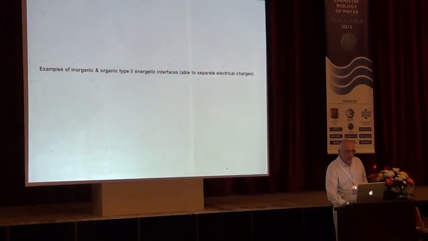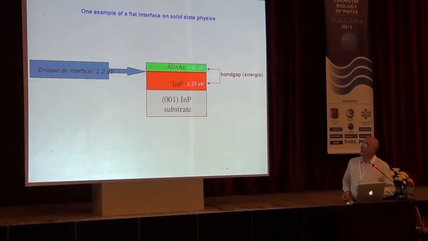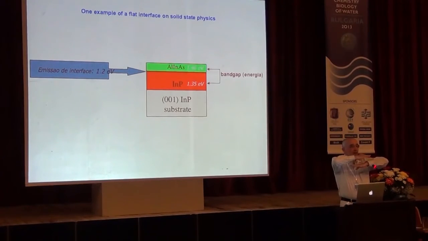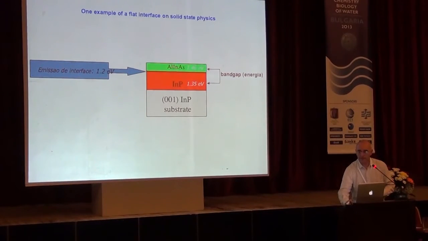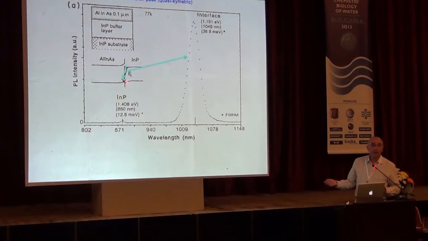So I will give you an example of one flat interface for this type 2 interface, this energetic condition. In this case, I excite this system. These are semiconductors. I have only the emission from the interface. In this case, this emission means the electrons are here and the holes are here.